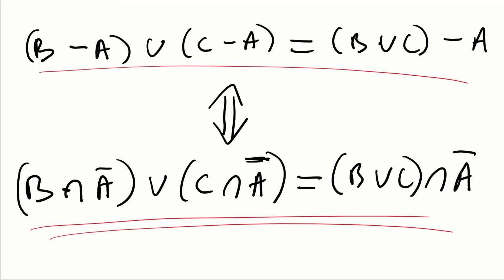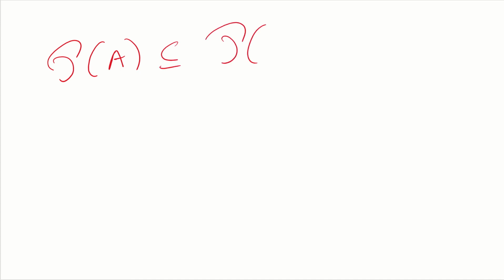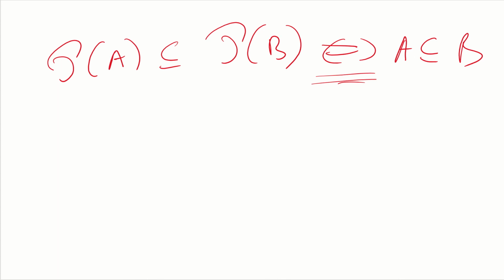And for those who are going to have a question about the power set of a set, we ask you to show that the power set of A is a subset of the power set of B, and this is equivalent to A is a subset of B. So look at this equivalence. It means that if this is true, this implies this, and if this is true, this implies this.